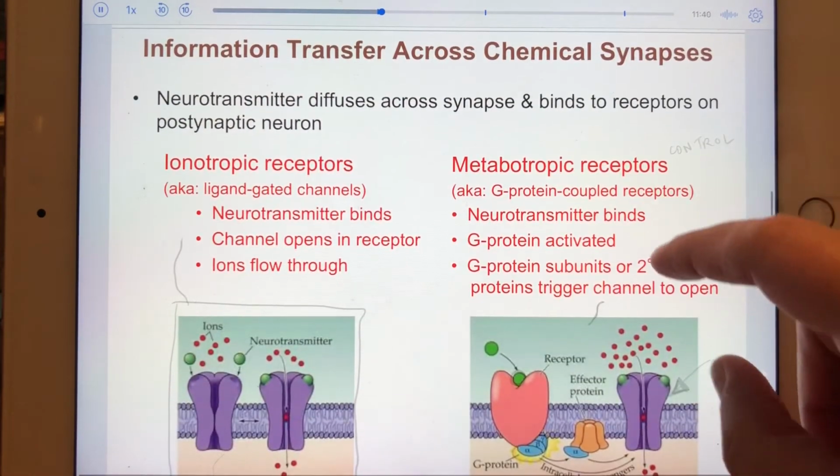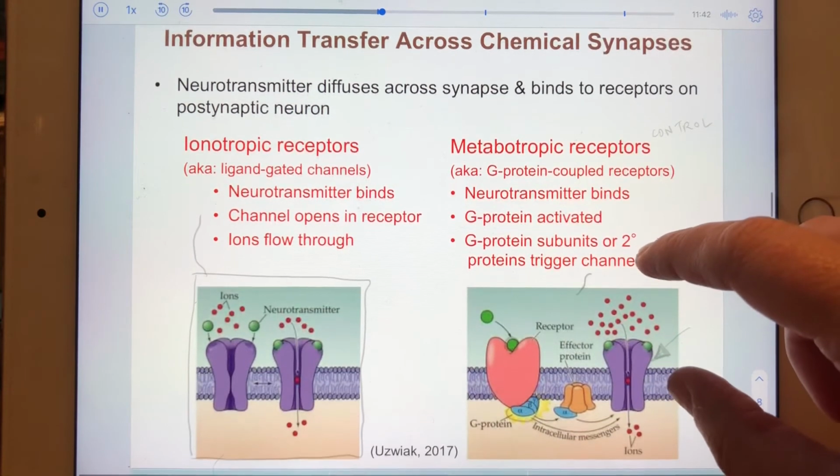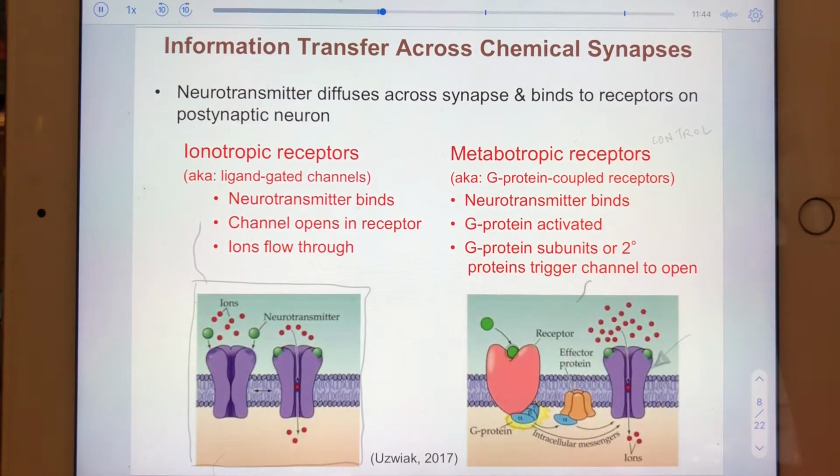Let's talk about different types of receptors, especially if they're associated with ion channels. Sorry, it's been a long day. When neurotransmitters bind to that matchy-matchy receptor, the matchy-matchy receptor might be an ionotropic receptor.